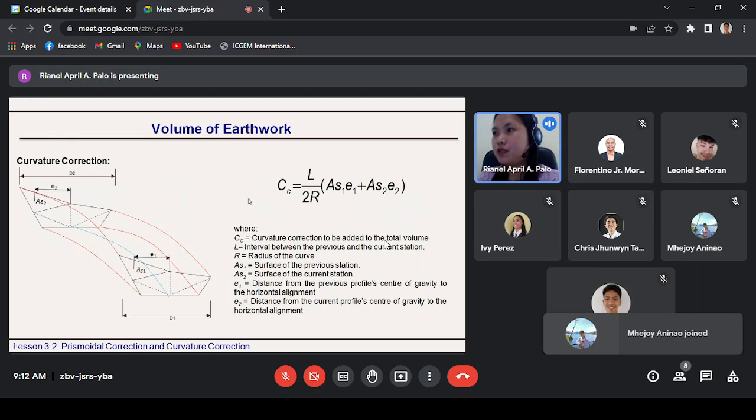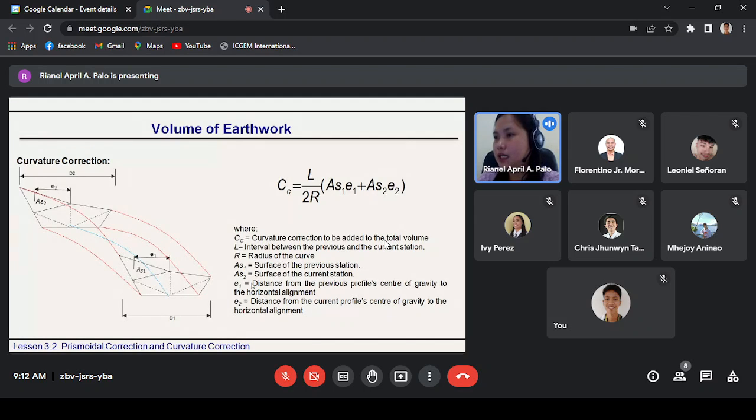So, for the curvature correction, we have this one. L is the distance between two stations over 2r. The r is the radius of the curve, which was discussed already in our horizontal and vertical curves and how to compute the radius of the curve. Then AS1 is the surface area of the previous station. Surface area is different from our cross-sectional area.